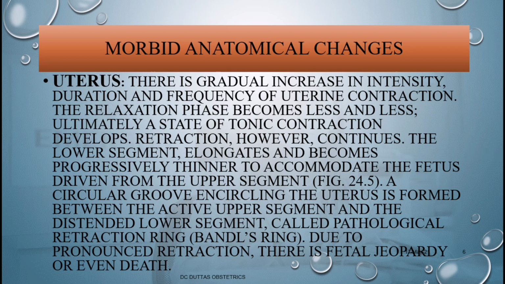Then the lower segment elongates and becomes progressively thinner to accommodate the fetus, which is driven from the upper segment. Of course there is a figure which you are going to see. Then a circular groove is formed between the active upper segment and the distended lower segment, called the pathological retraction ring or Bandl's ring. Due to the pronounced retraction, there is fetal jeopardy or even death.